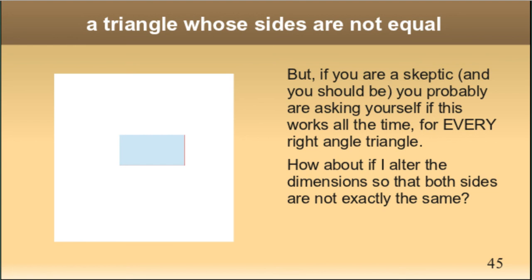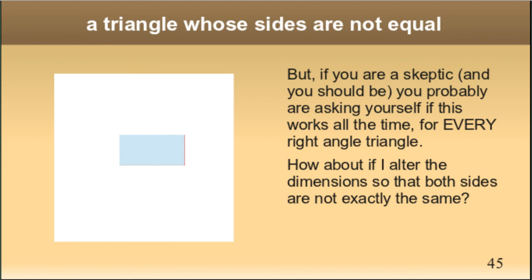Now, a new topic. Now you've got a triangle whose sides are not equal, not made from a square. If you are a skeptic, you probably are asking yourself if this concept works all the time for every right triangle. So I'm going to try to visually represent this with floor tiles.